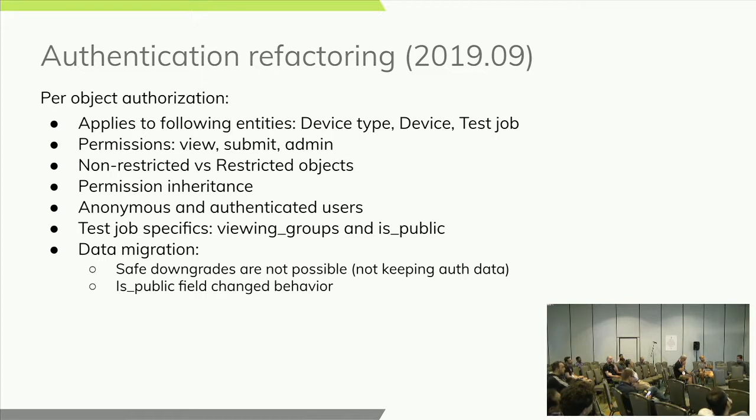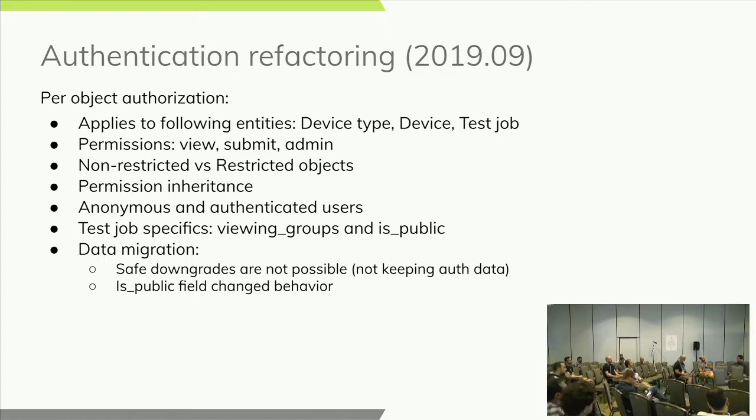Anonymous users will only have limited permissions on any object regarding this per object authorization, and that will apply only to non-restricted objects. If you add any permission settings to an object, anonymous users will automatically be forbidden access to that object, as opposed to authenticated users.